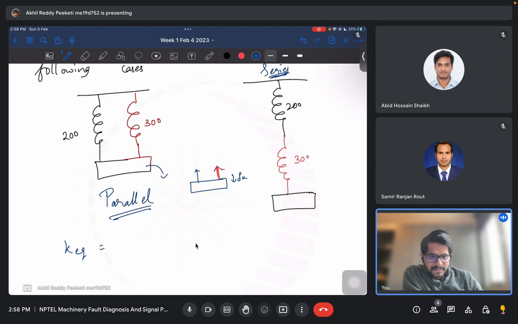Any answer? So this would give k1 into delta x, right? Because you have moved delta x here and here, both places, you would also have k2 delta x from the other spring.